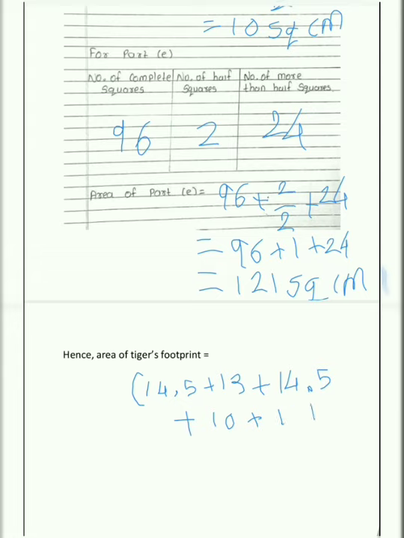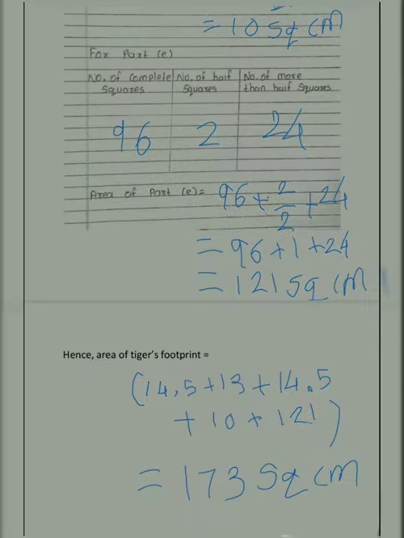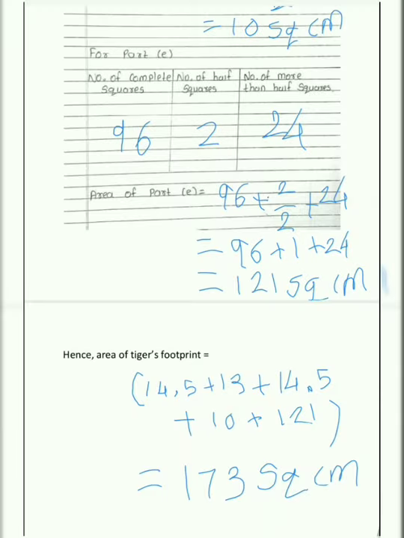If we add it, what will we get? Just add it. Our answer will be 173 square centimeter. This is the area of the tiger's footprint. Clear? Here our sum is over.